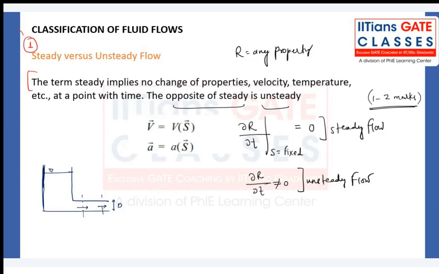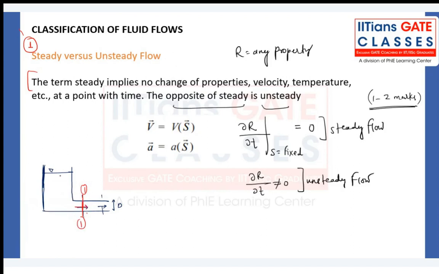Now try understanding. When the head of the water is not constant, will the velocity vary at a particular location? Let's say this is my fixed location. I have taken the camera and I'm noticing what the velocity is.